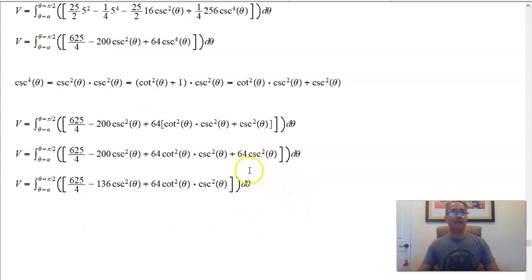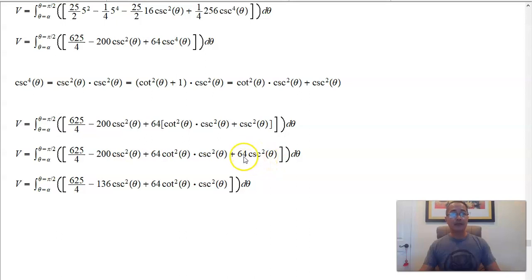Okay, so I think we can finish this now. We have 64 cosecant to the 4th power, which we wrote out this way. So when we distribute the 64, we will have 64 cotangent squared cosecant squared, and then plus 64 cosecant squared by itself.